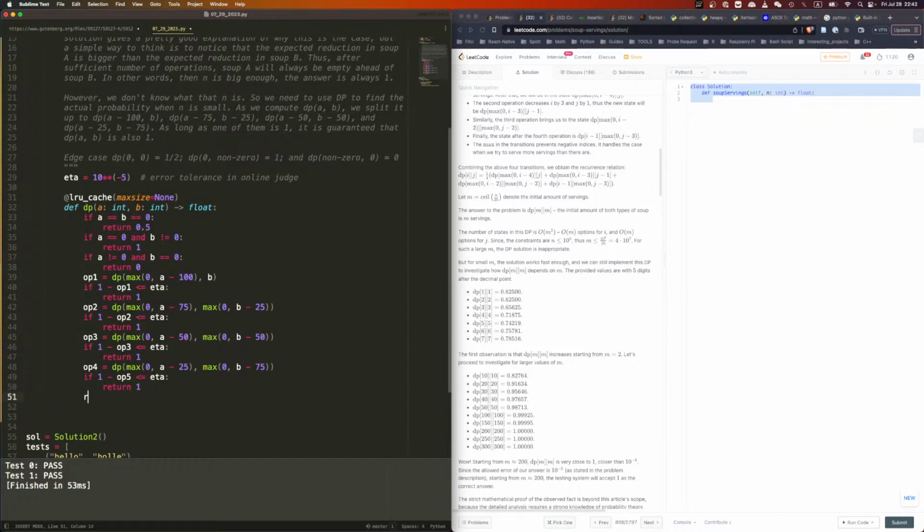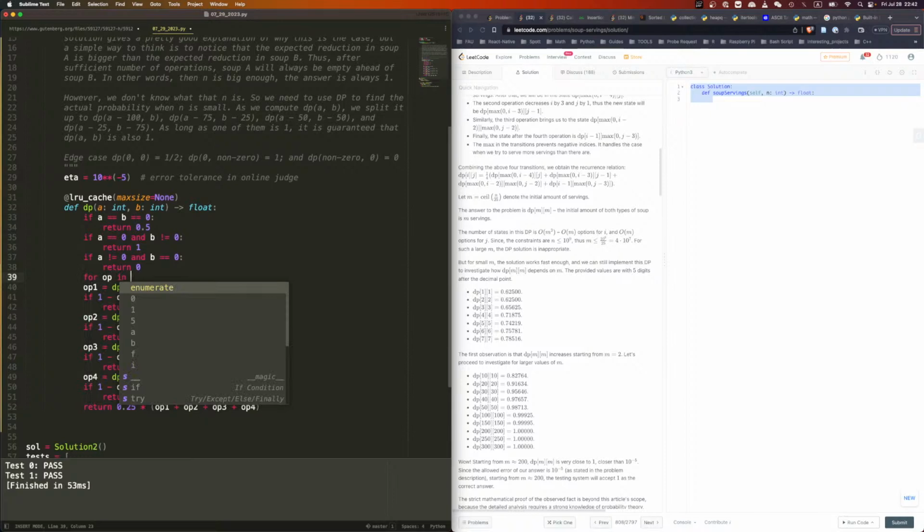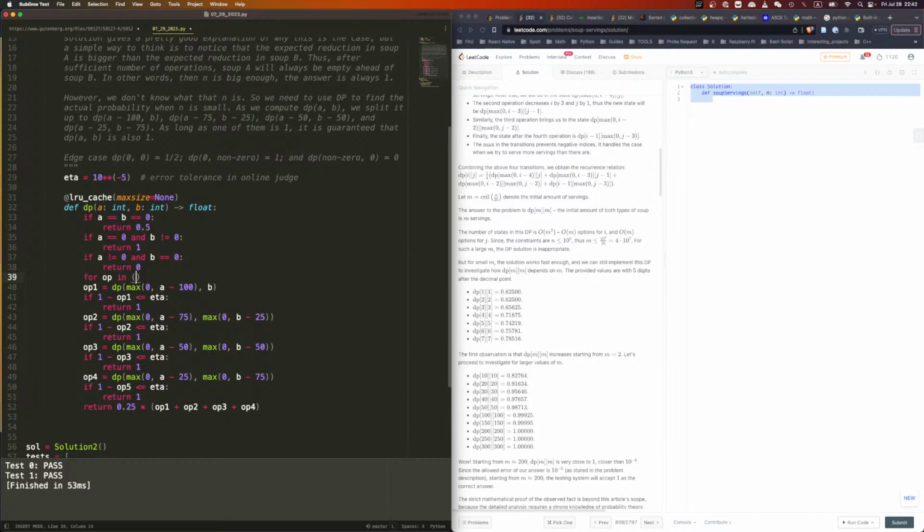Okay, otherwise, then we return 0.25 times OP1 plus OP2 plus OP3 plus OP4. Or we can do it, maybe we can do this for OP in generator.